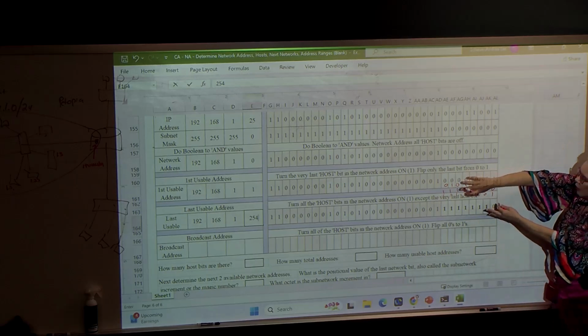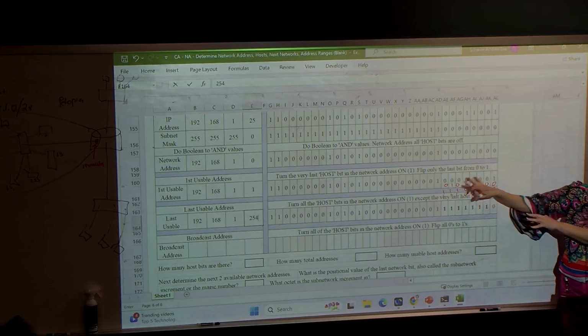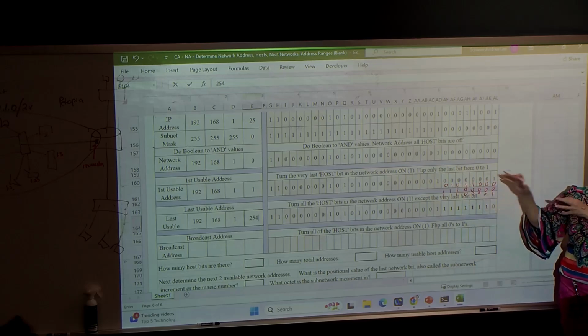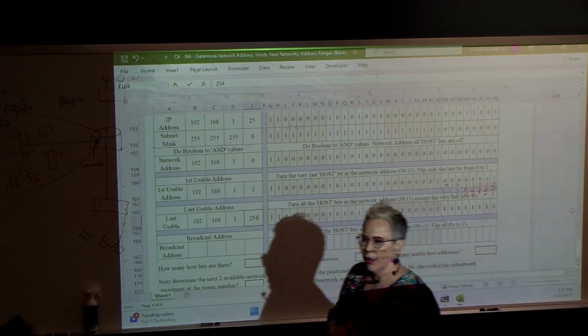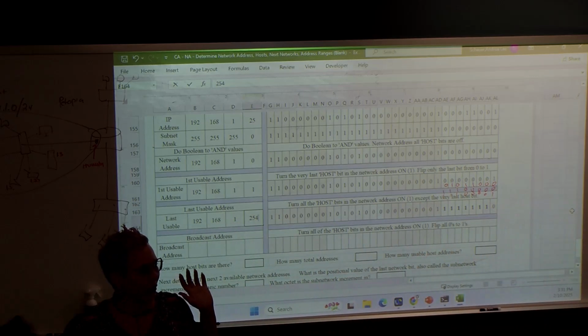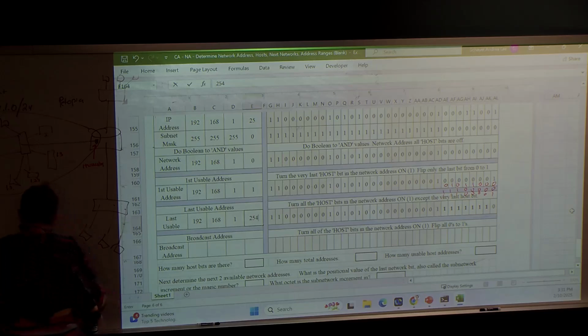So it's every combination of ones and zeros. Those are usable addresses. That's why we're all on the same network, but you have a unique address, you have a unique address, because the ones and zeros are being flipped. Okay, did we get that? Everybody? Okay, those are usable.